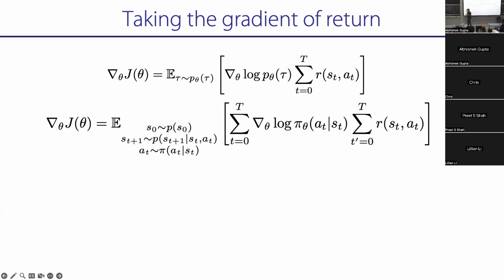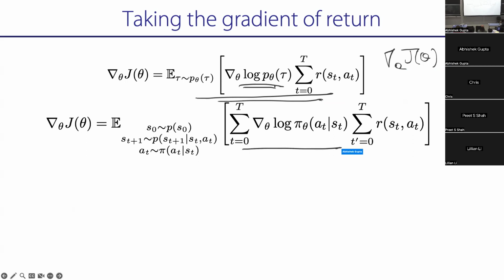And so let's just make sure we remember the steps, right? We started with J theta. We took grad theta J theta and converted it into this form, which is an expectation, right? And then we took grad theta log p theta tau. We showed it doesn't depend on the gradients of the model. And so we wrote it as this sum of gradients of the policy, right?